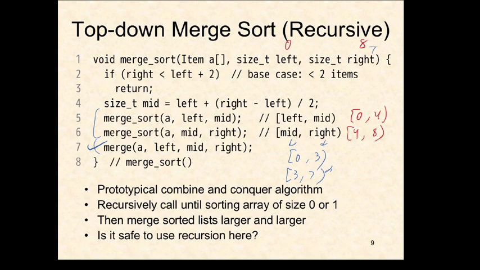What about the recursion depth? Could we have so big of a recursion depth that we couldn't fit it within the allowed stack memory? Well, what about if we start out with a big array? Let's say we had a size 1,000,000.